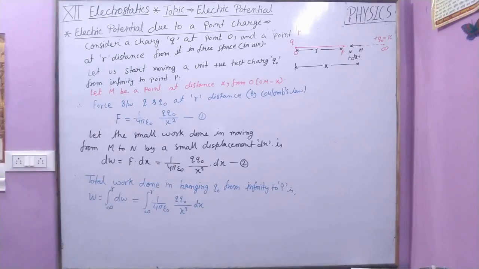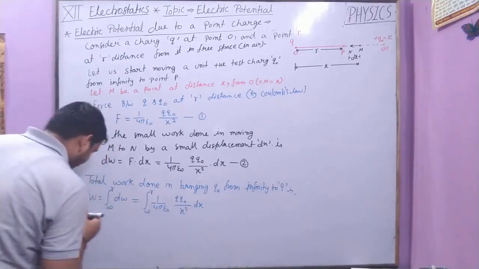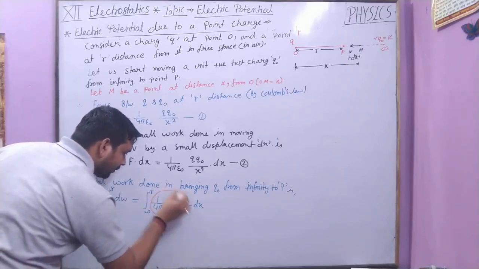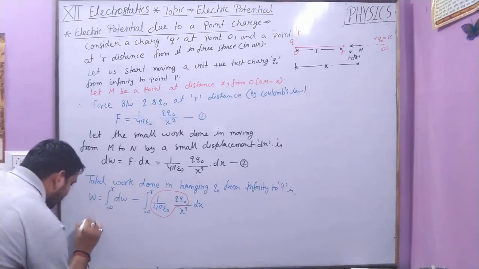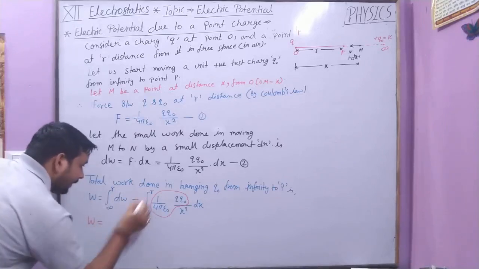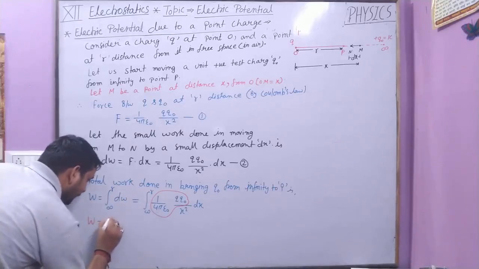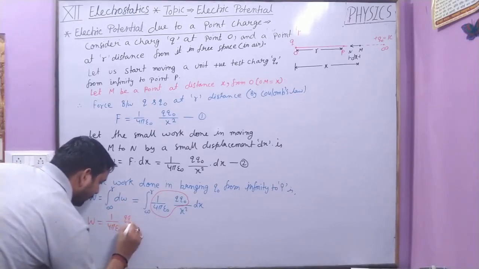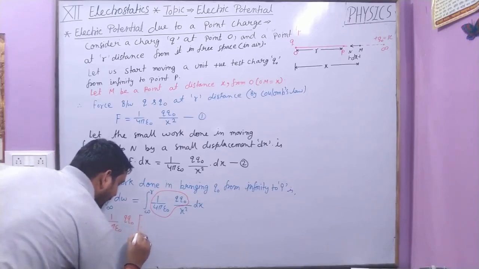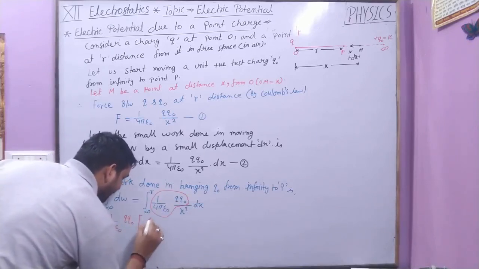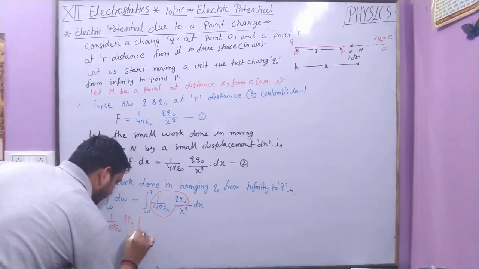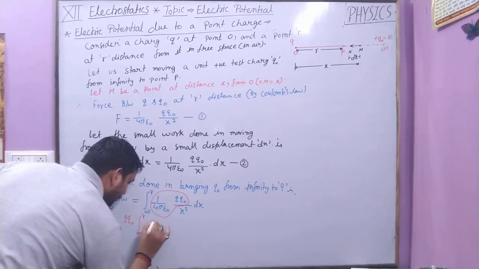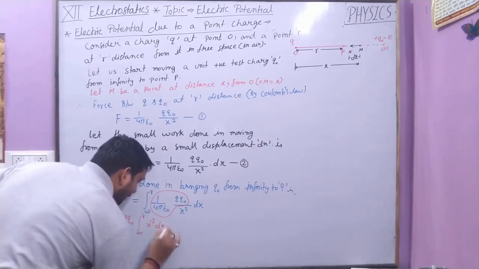Now here this value is constant, so it is taken out from the sign of integration, that is 1 upon 4 pi epsilon naught Q Q naught, and integration from infinity to R of x to the power minus 2 dx.